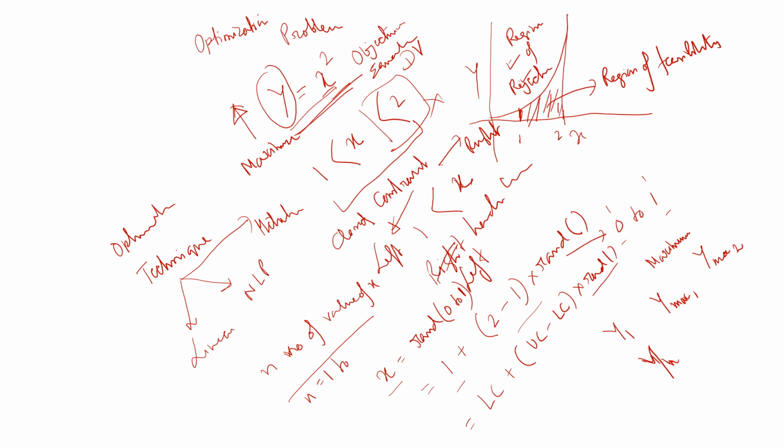Now if y max of the first iteration is less than y max of the second iteration, the present iteration, then that will indicate that your optimization is in the correct direction.